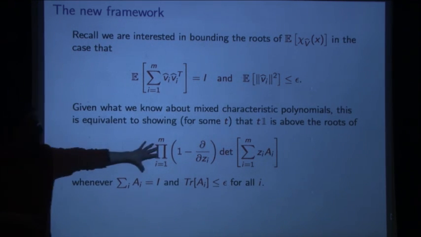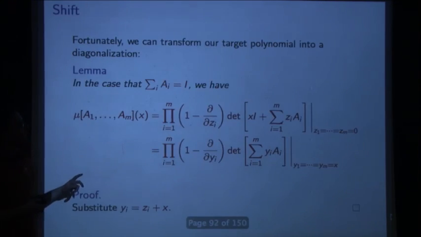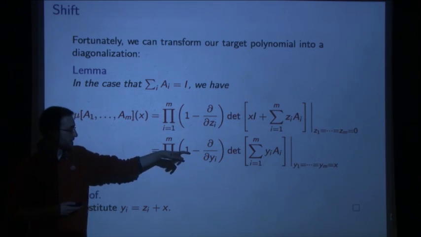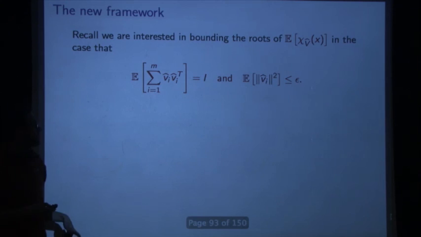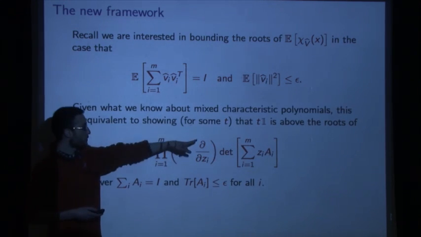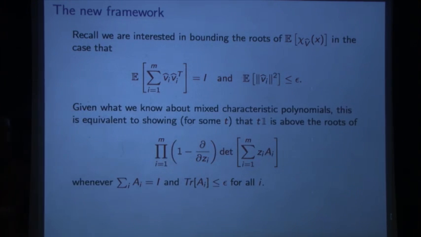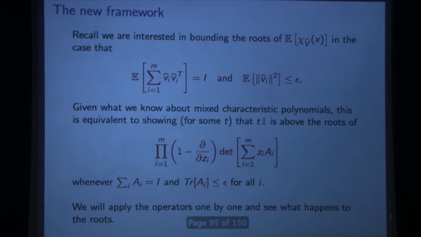This was just the substitution, and saying the largest root is bigger than y_1 through y_m is the same as saying t times the all ones vector is above the roots in the lobe.